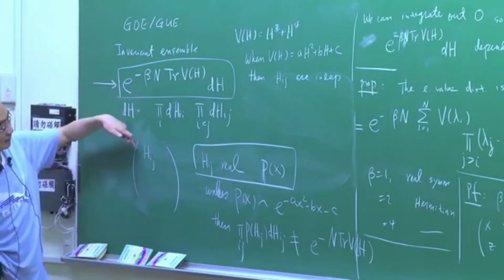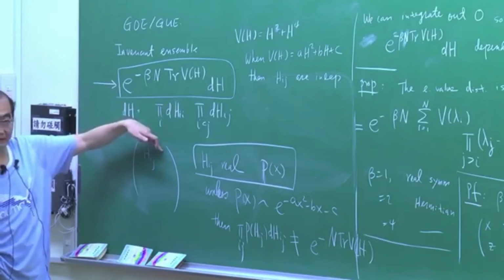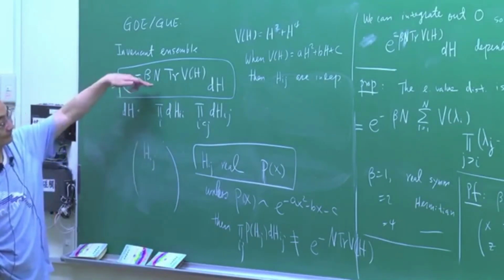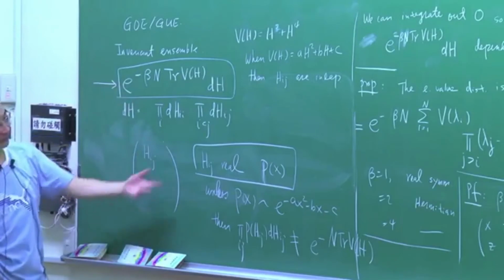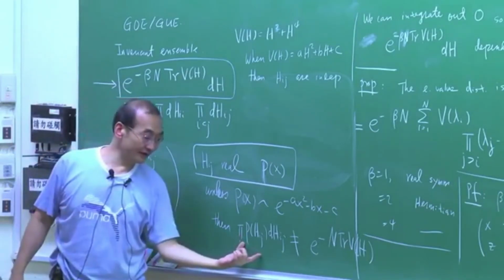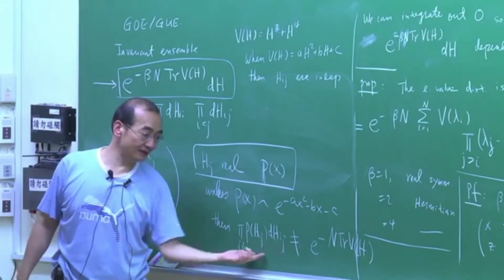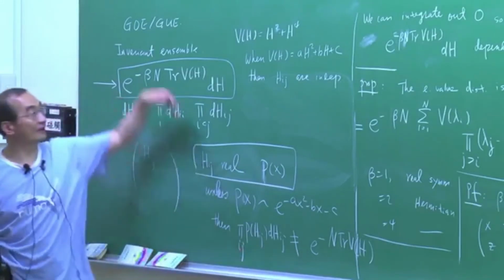In the case where each matrix element is an IID random variable, you cannot write a measure like this. This looks like a very trivial and simple probability distribution, but this one and this one are just not the same.